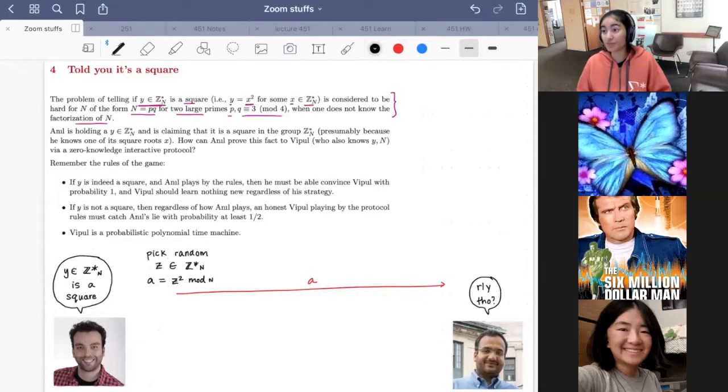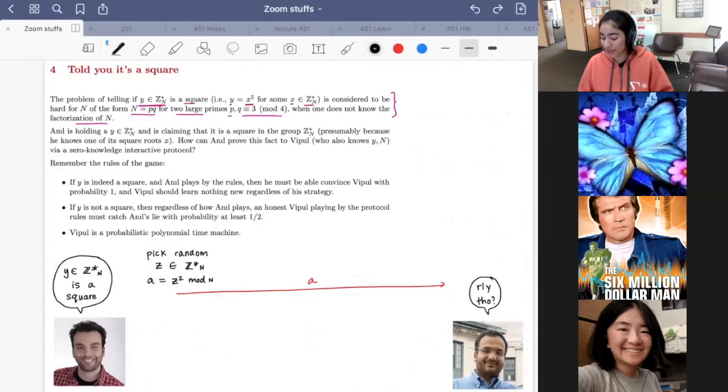So to ensure it works regardless, we need to check both the xz, like we were saying before, but we also need to check this itself. Like maybe right now, Ada already broke the protocol and didn't pick a random z and didn't send over the square of that z. He sent over some sneaky thing that actually helps him later on. So this is also something that Vipul would want to check.